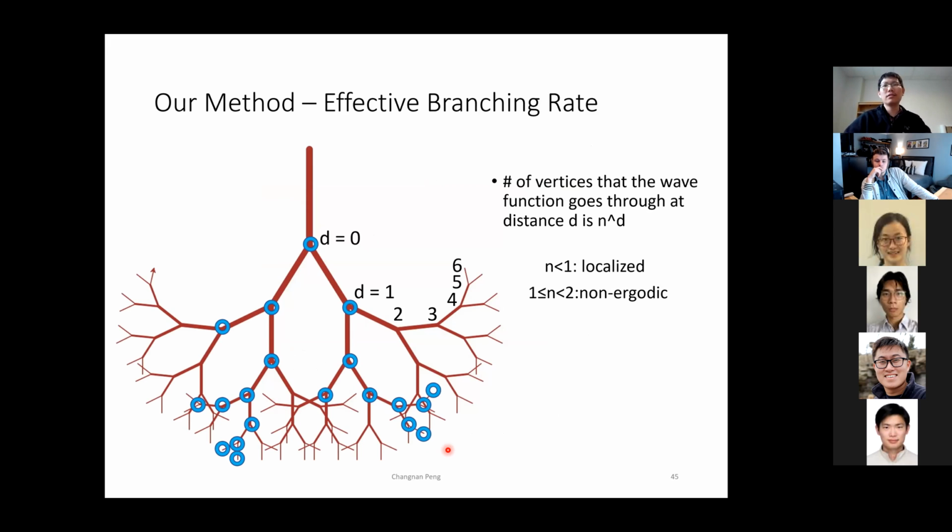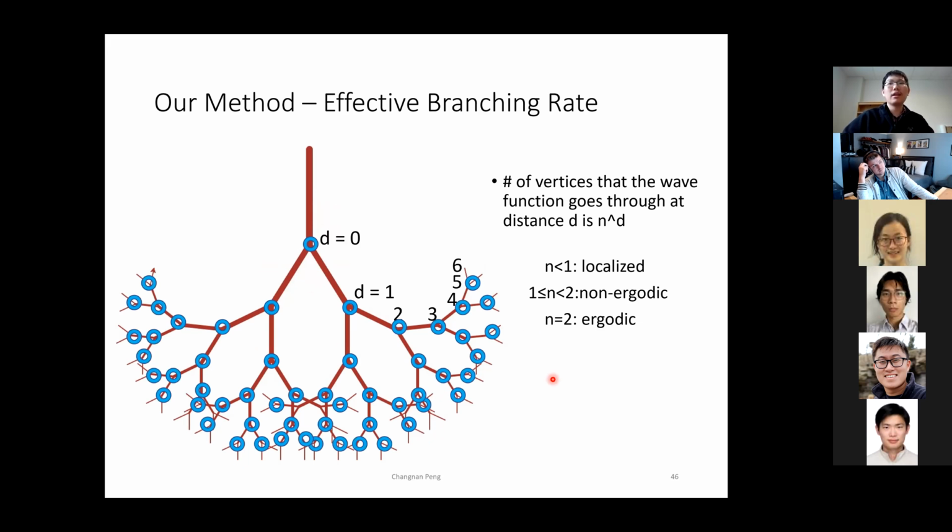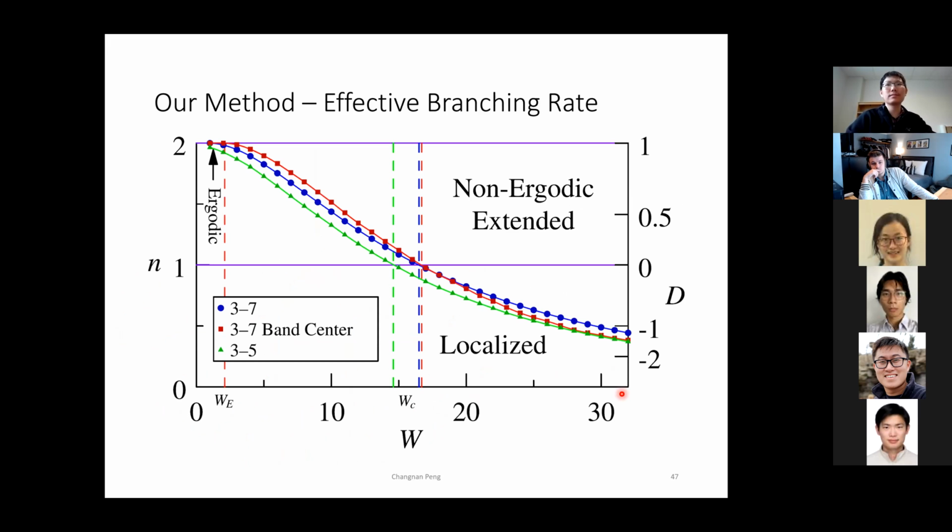And in a non-ergodic case, it's extended. So it means that there are certain branches that the wave function has significant values on, but it doesn't explore all these branches. And in an ergodic extended phase, it means that on every site, there's a significant value of the wave function. So that's the picture.